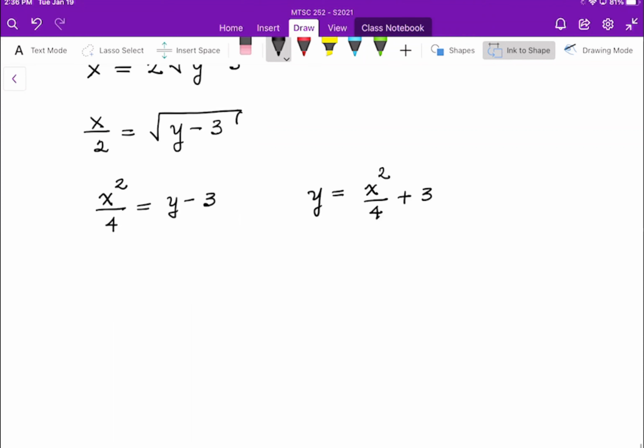So therefore, the inverse function, that's wrong.